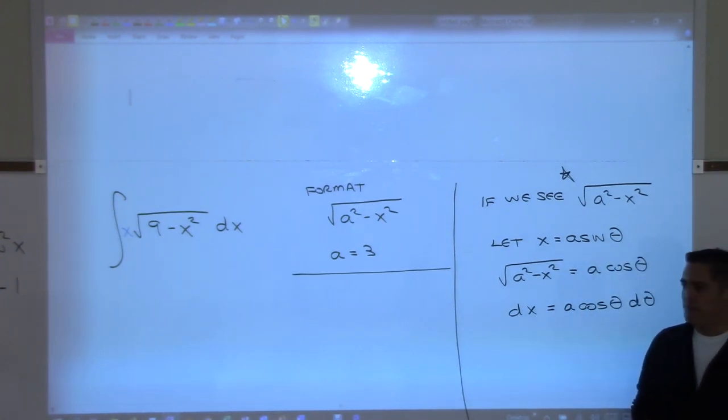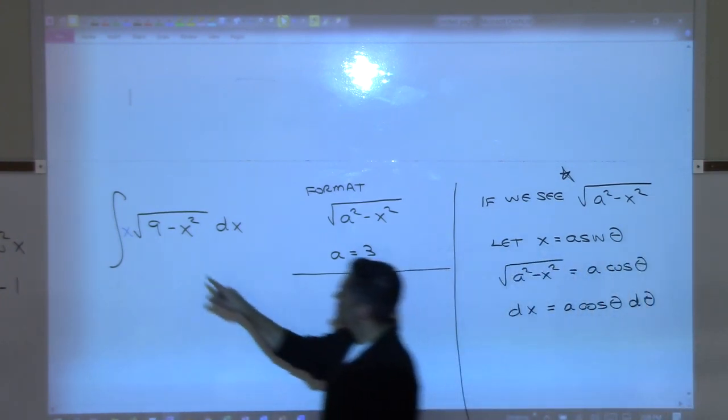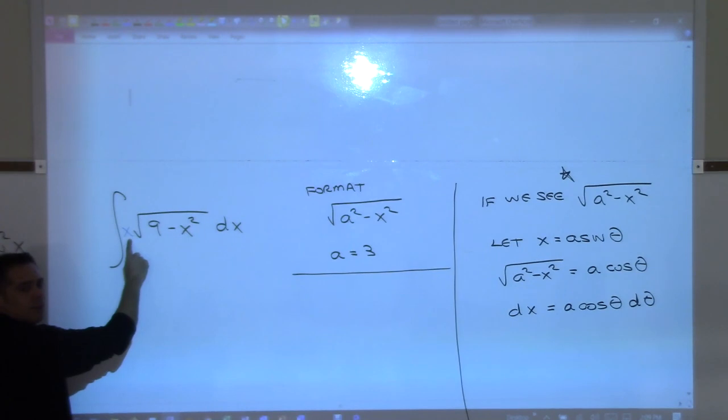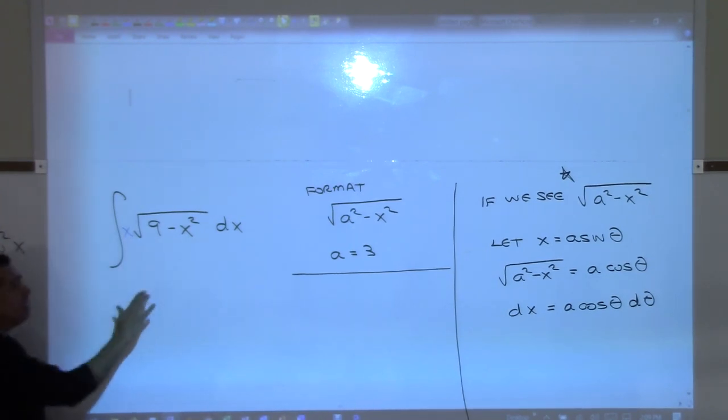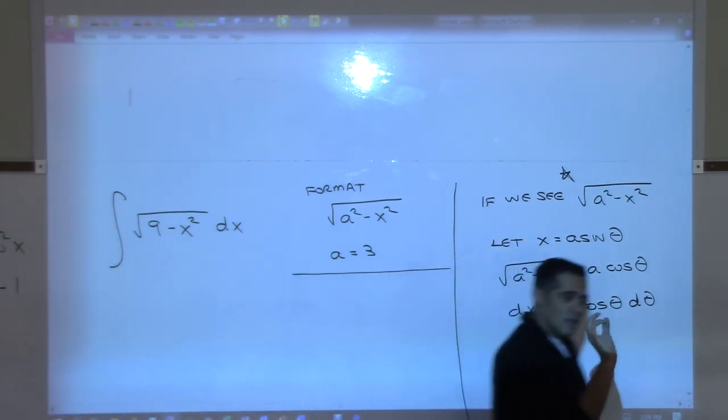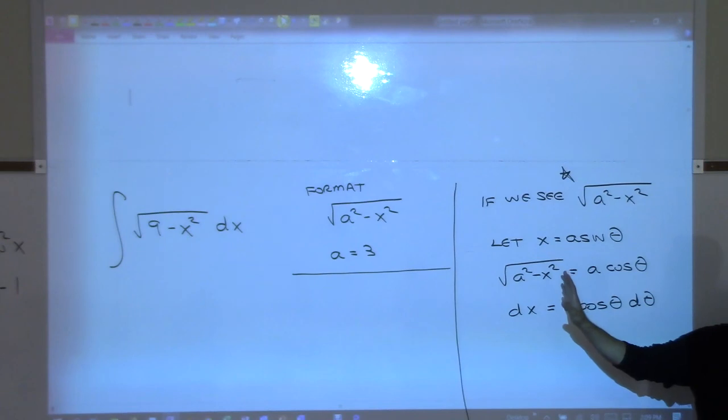That's a basic u sub. Why? Because if you let u be 9 minus x squared, what's its derivative? Negative 2x, right? Which you would have out here. You'd be off by a constant. So just by having an x there, we can do the problem. You take the x out, we can't. That subtle little thing makes a huge difference in the problem, right?